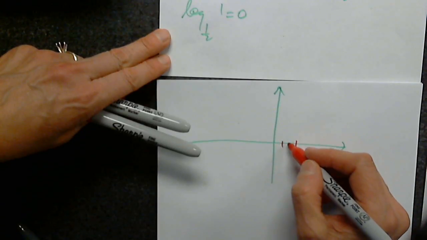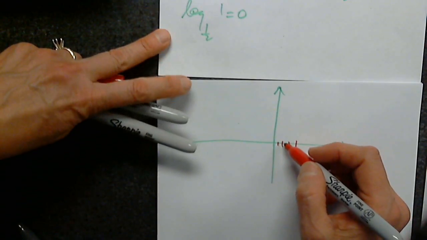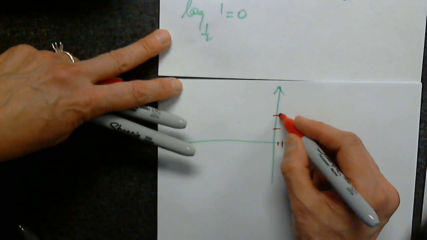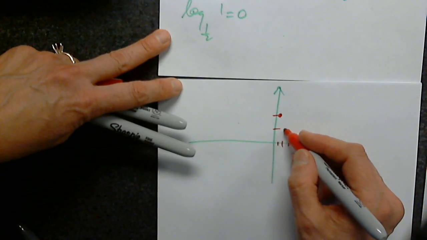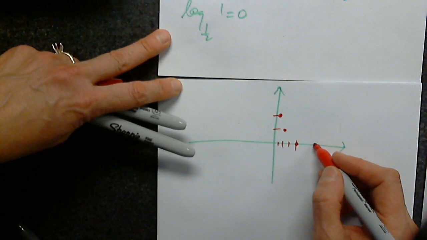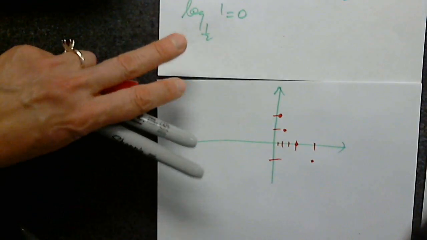So you said 1/4, 2. Then you said 1/2, 1, and then 1, 0, and then 2, -1.